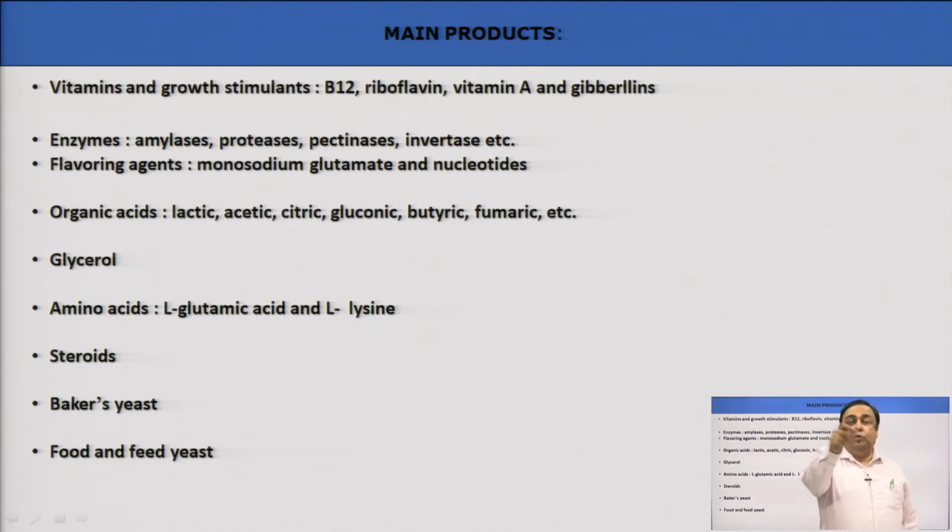Particularly, you will be happy to know that there are certain situations where chemicals are not successful in inserting certain functional groups in steroids. But whenever we use a microorganism, the hydroxyl group can easily be incorporated.